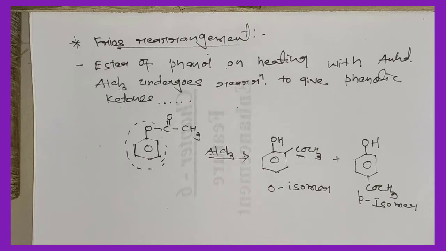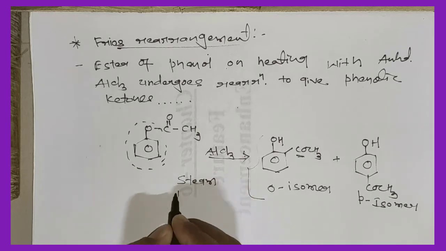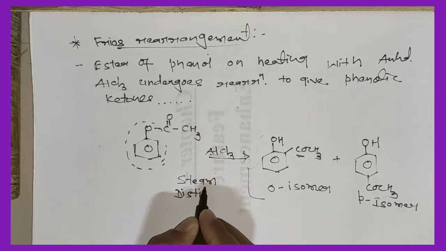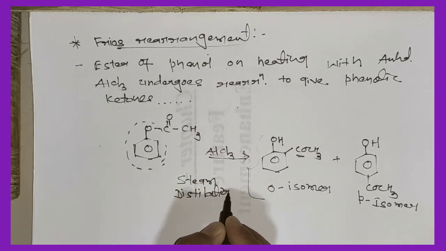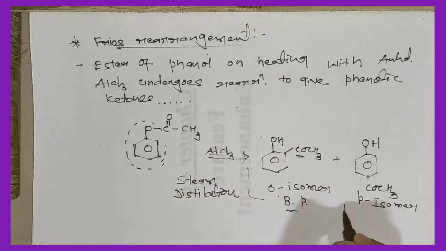Now the problem is that in this reaction ortho and para isomers both form in the same reaction. That's why these two can be separated by steam distillation, as the boiling points of these compounds differ.